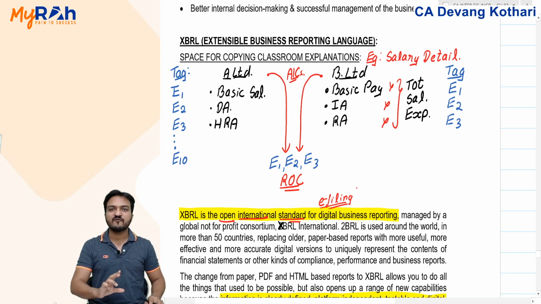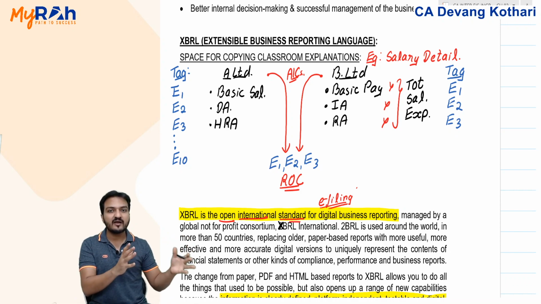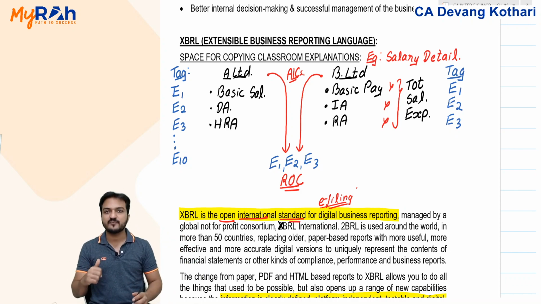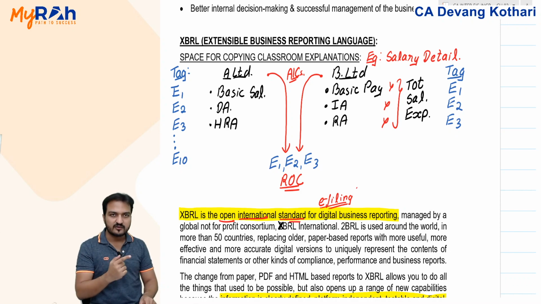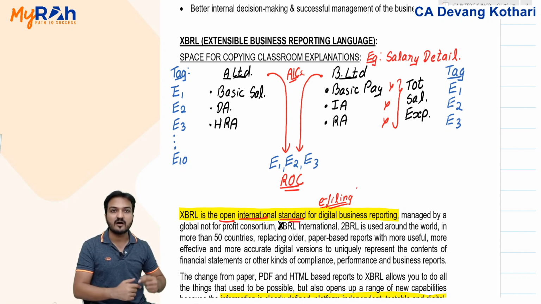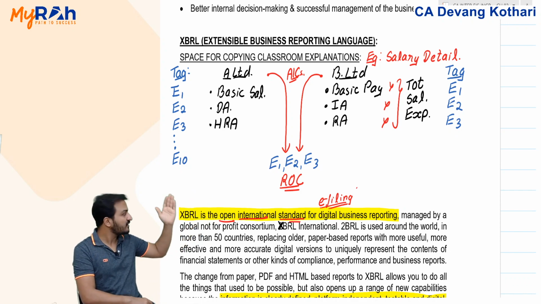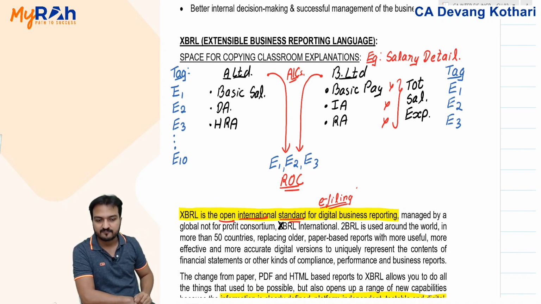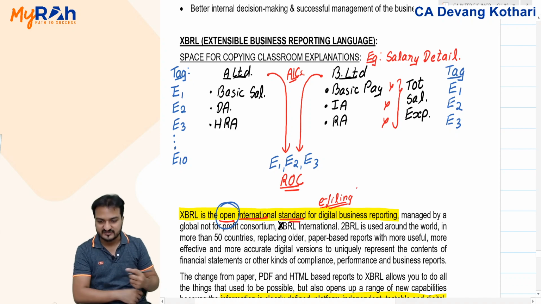It means that the software is open for the regulatory body to create as many tags as they want. If ROC says that they want salary expense under 3 tags, E1, E2, E3, then you have to file under those 3 tags. If ROC says that they want it under 10 different tags, then you have to create 10 different tags like that. So that is open for changes.